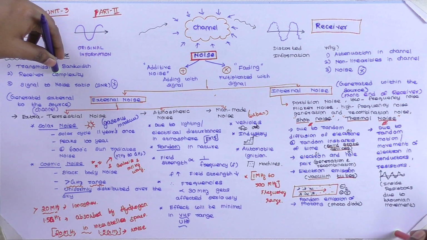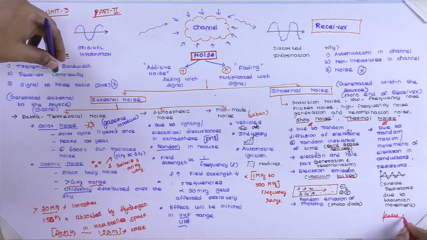And what about thermal noise? Due to the random motion, we know that if we take a resistor, say a 10K resistor, what will happen if you keep it idle? Due to the presence of free electrons within this resistor, at any temperature above 0 Kelvin, due to the kinetic energy, the free electrons will try to move randomly.